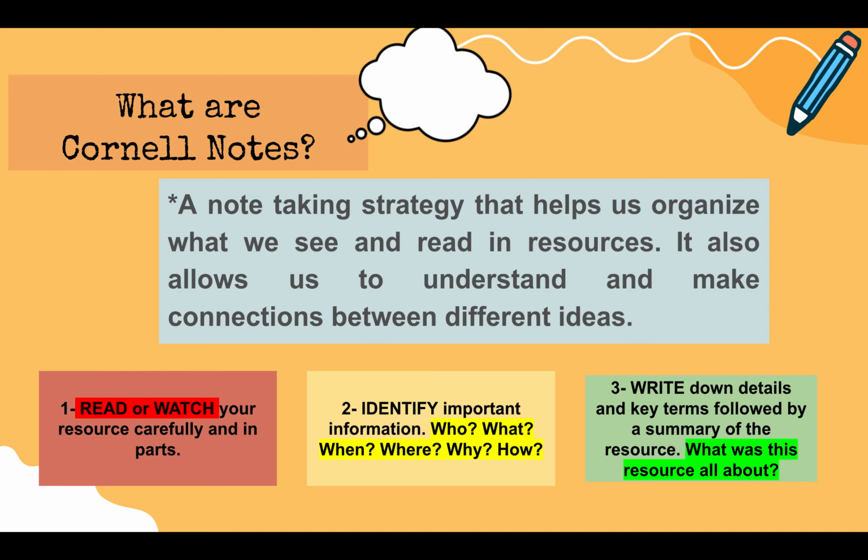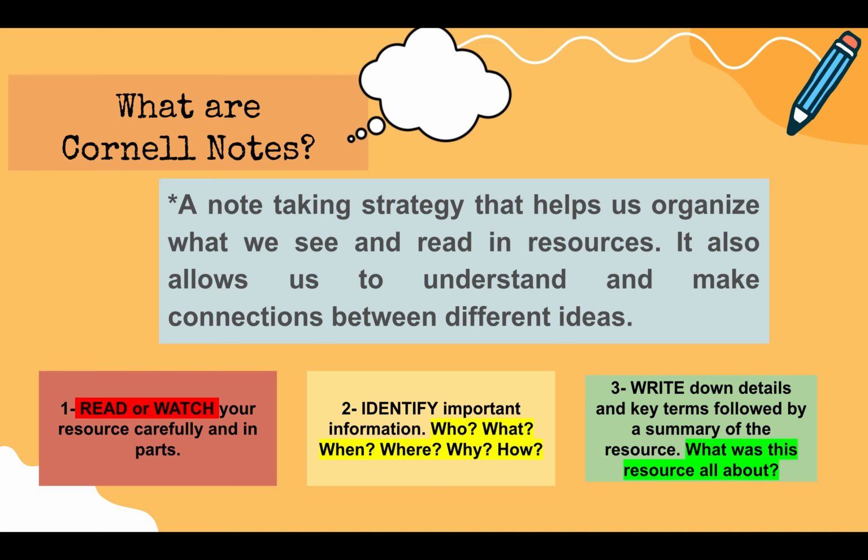So remember, in order to use Cornell Notes effectively, you need to do 3 things. You need to read or watch your resource carefully and in parts, by dividing up the reading or dividing up the way that you're watching a video resource. You're giving yourself time to process and understand what it is that you're watching.